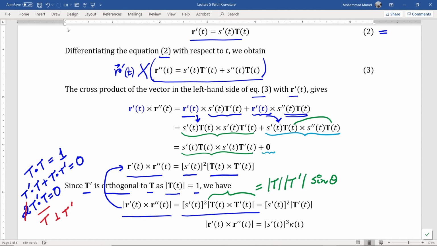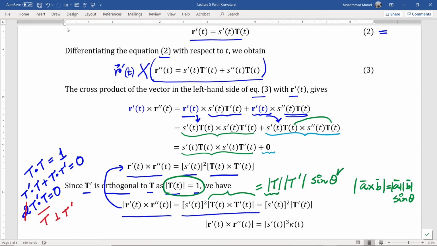We recall that for the cross product of A and B, its magnitude is the product of their magnitudes times the sine of the angle between them. But the vector t has magnitude 1, since it is the unit tangent vector.